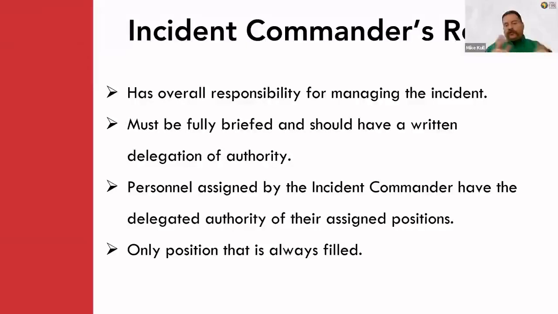If we change those positions because someone more qualified has arrived on scene, or someone else wants to take over the incident, they've got to be fully briefed. In this example, it says there should be a written delegation of authority. Again, remember that this is for all incidents, regardless of the size.